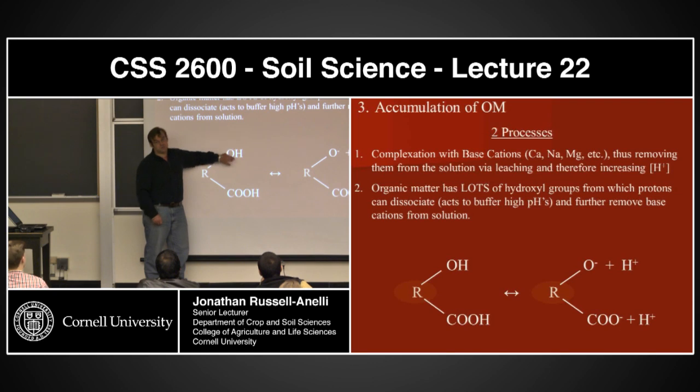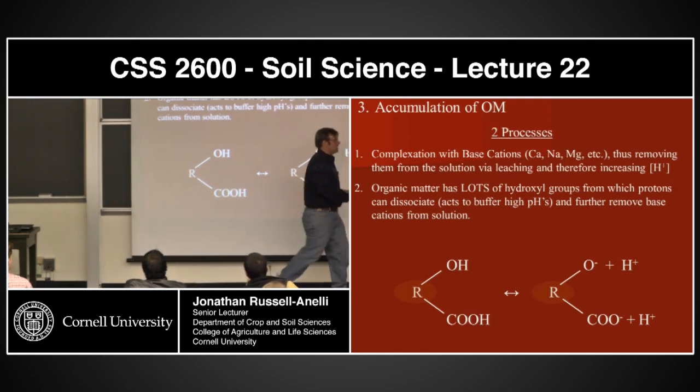Now what's going to happen to those bases that are here? They're going to go back into solution, but what's going to happen to them? If they don't get taken up by the plant, they get leached away, and so I've lost the proton. Because of this change in proton concentration, I've lost my bases. Does that make sense? So it's going both ways. I got a couple no's. It doesn't make sense.